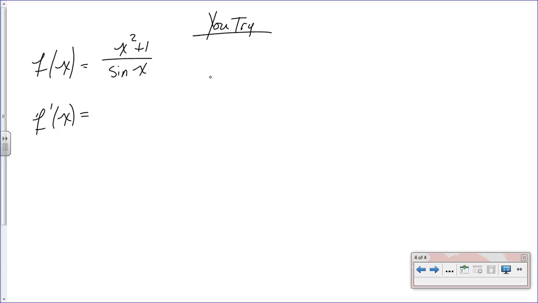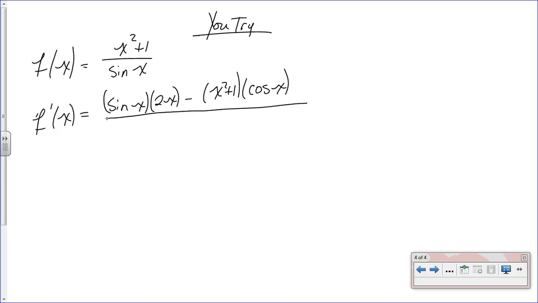All right, so we start out with low, so sine x, d high, so the derivative of the top, which is 2x, minus high, x squared plus 1, d low, derivative of sine is cosine, over the bottom squared. So this would be sine squared x.